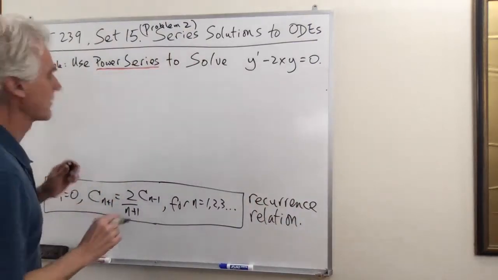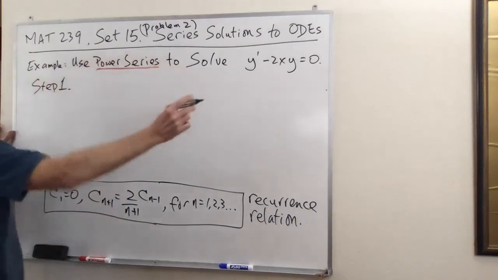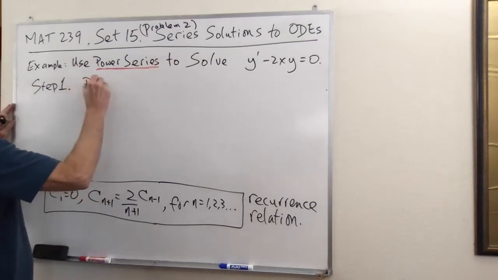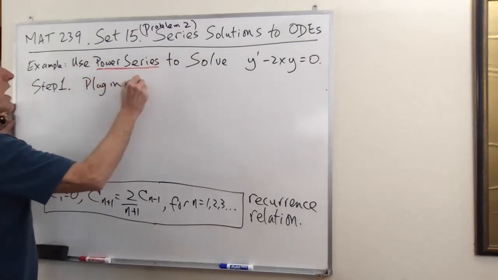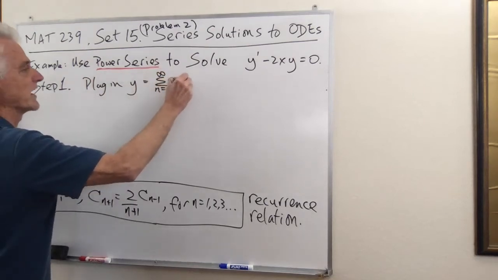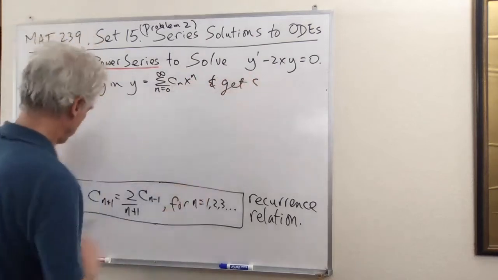Second step, I'll even write that out. This happens in all sorts of series solutions. Step 1, you plug in y equals the sum from n equals 0 to infinity of c sub n x to the n and get a recurrence relation.